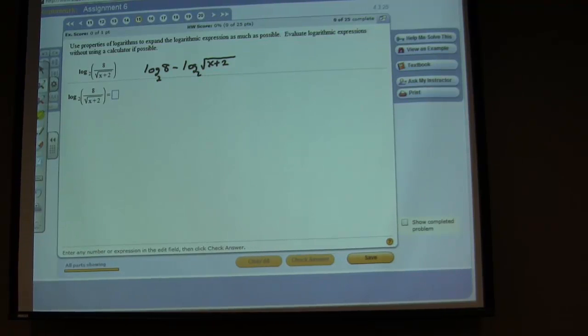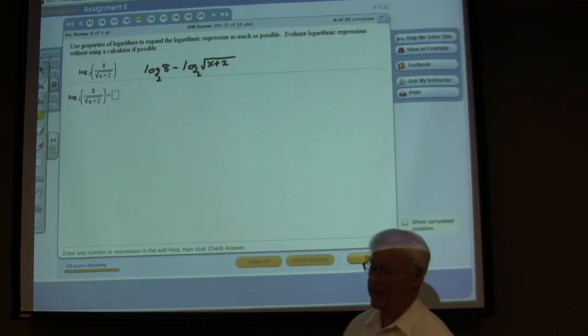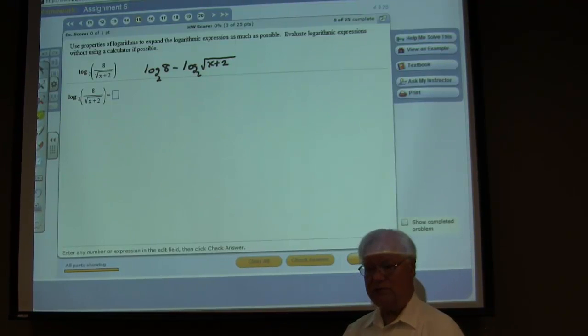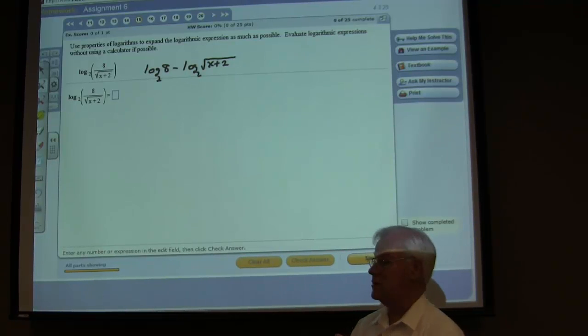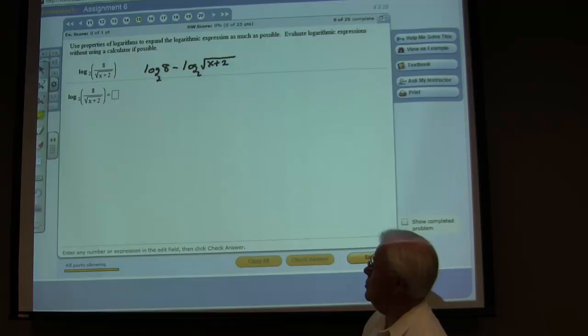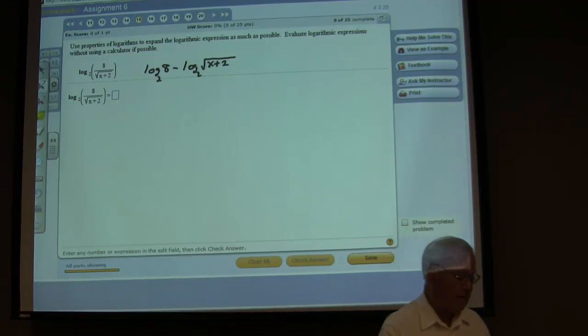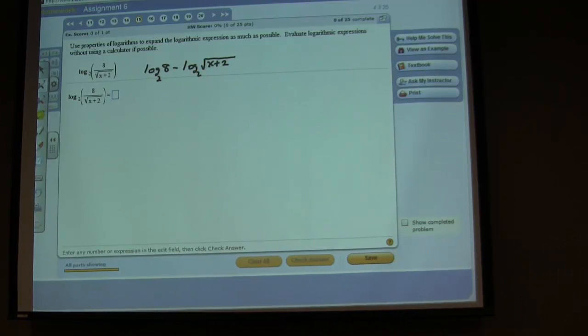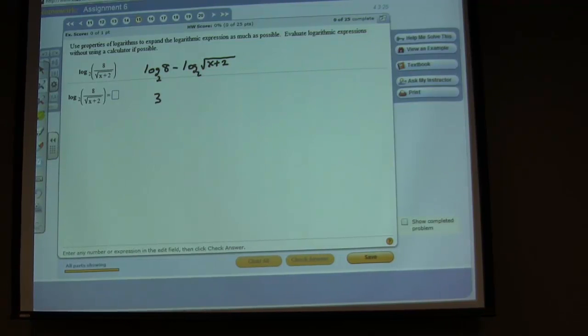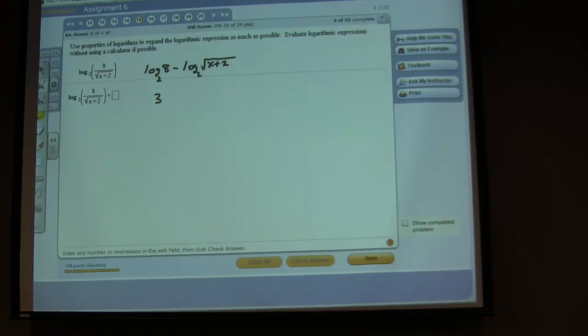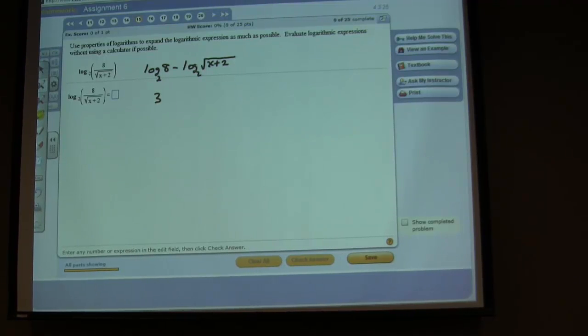Oh, let's see. Log base 2 of 8. Is 8 an even power of 2? I believe that 8 is 2 times 2 times 2. 2 times 2 is 4. 4 times 2 is 8. So that's really 2 to the third power. So we can say log base 2 of 8, the exponent is 3. Now the square root, we learned that we don't really want to use radical signs anymore.